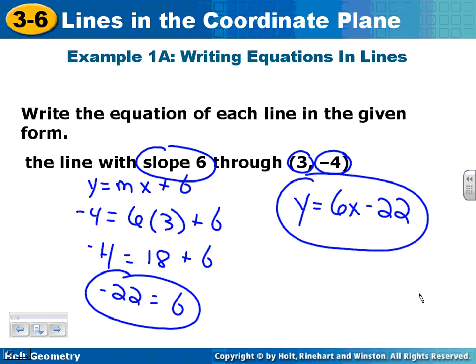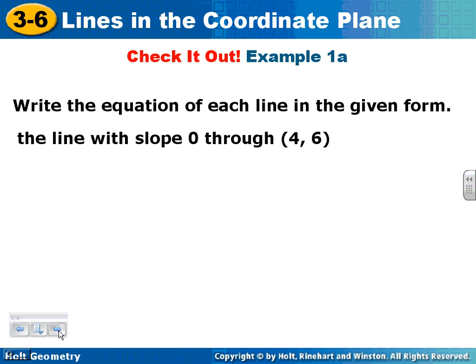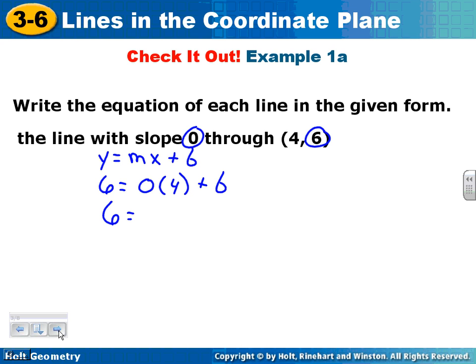Let's try another one. Same thing. Slope is 0, goes through (4, 6). So y equals mx plus b. My y is this 6, so 6 equals m, which is 0, times x, which is 4, plus b, which means 6 is 0 plus b. In other words, 6 equals b.